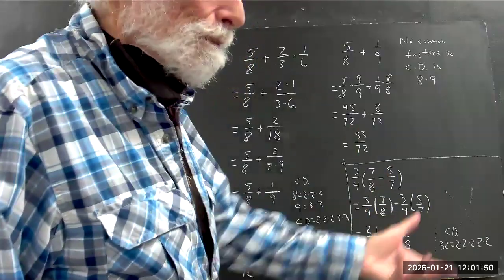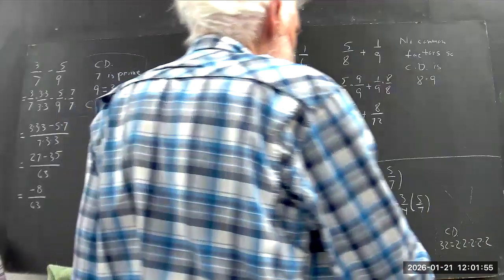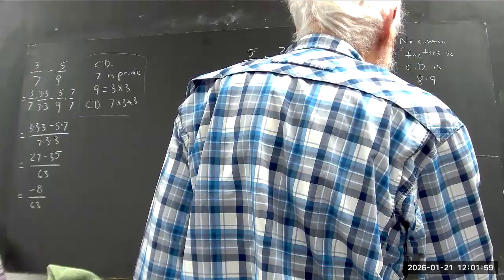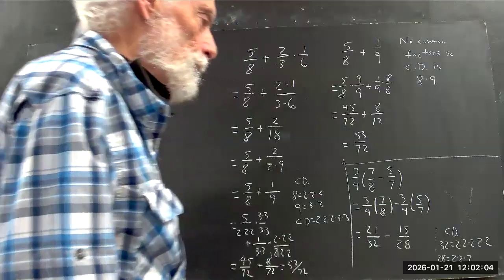At this stage it'd be some advantage to writing 2 to the 5th, but I'm going to keep it written out. But 28 is a little shorter. That's just 2 times 2 times 7.